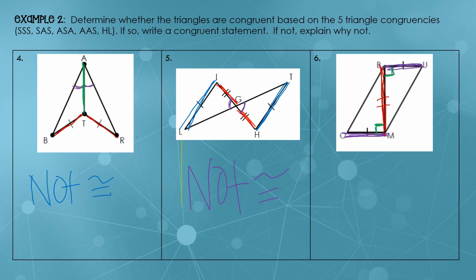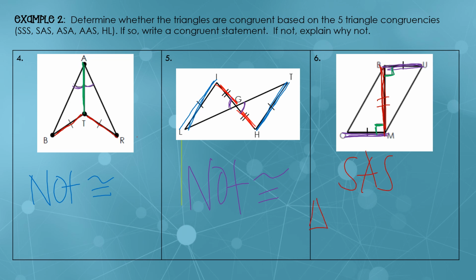So we do have two sides and an angle. We talked about it with number 4 and number 5. And that's side angle side. But again, the angle must be the included angle. It must touch both sides that are given. And so the right angles do touch both sides. So this is side angle side.